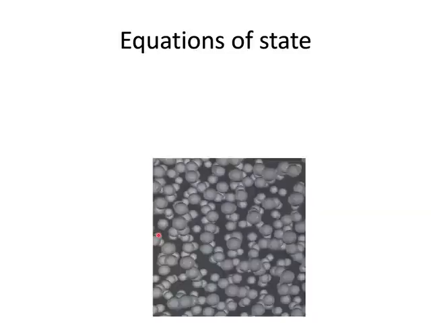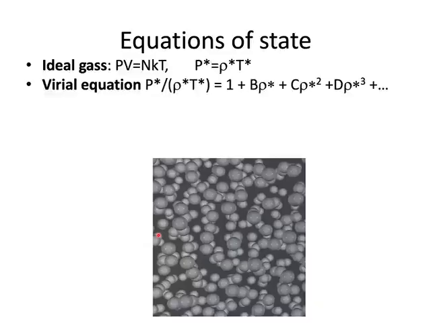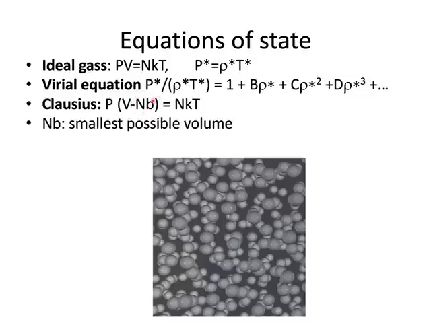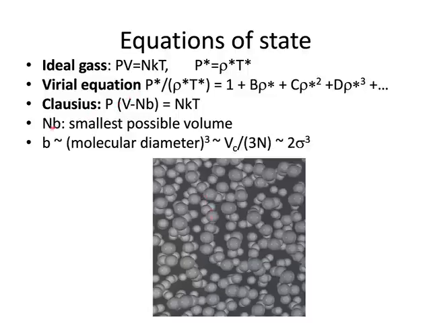Now, if we want to get closer to a real equation of state than that, then we'll have to go one more step. And that is to say, well, there is a smallest possible volume. As we're compressing these molecules closer and closer, they cannot get closer than a certain distance. And this means that there is a smallest possible volume.